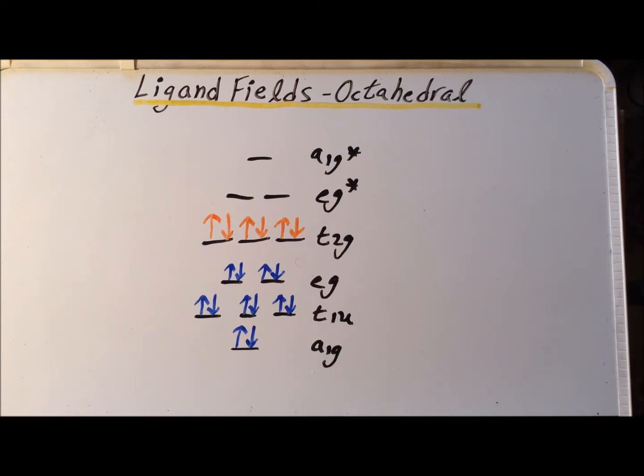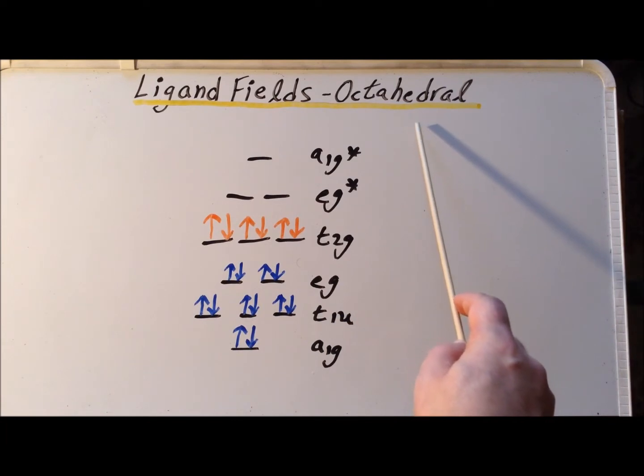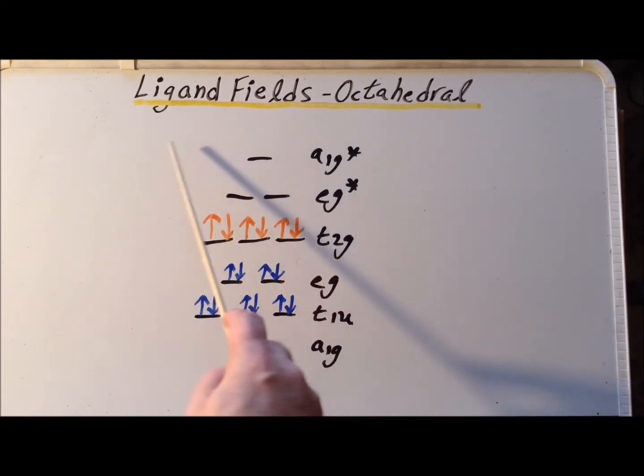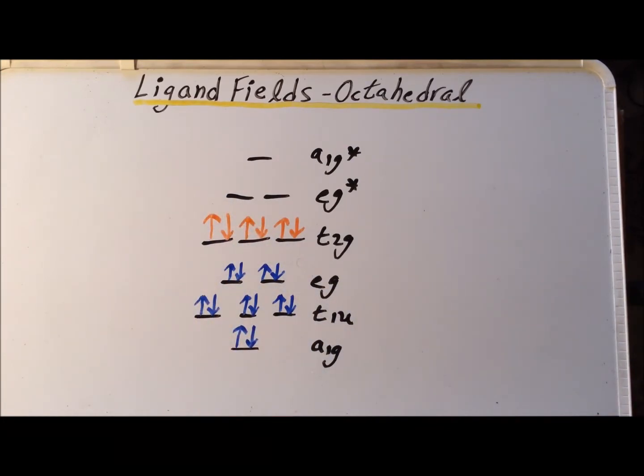Because of this, it is almost as if we can ignore what happens with the ligands so long as we're in an octahedral field, and we can just concentrate on this region here that involves only the electrons that came from the metal in its valence shell. This is so common that typically when we draw a diagram for the electron configuration of a transition metal, we overwhelmingly leave it to merely this region here and ignore the section that involves the ligands.